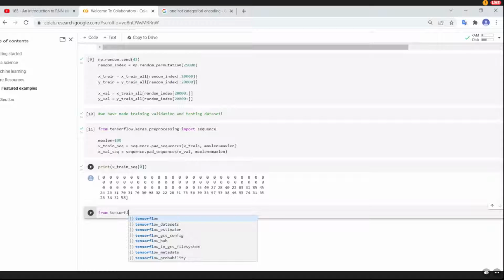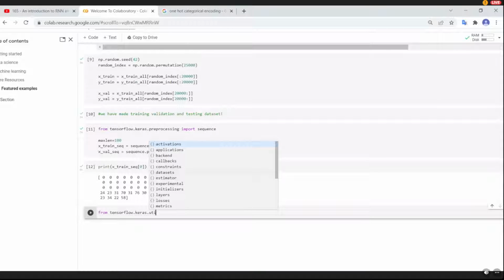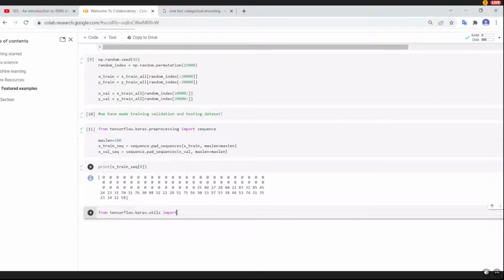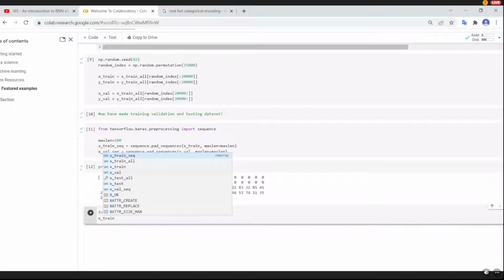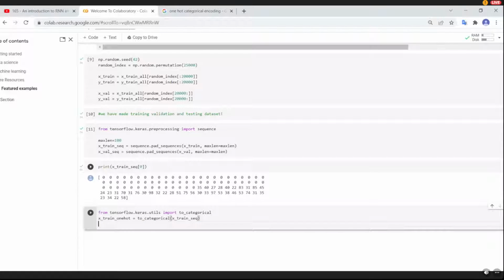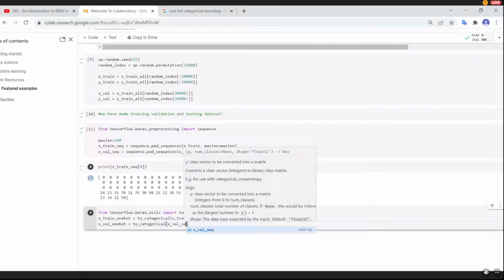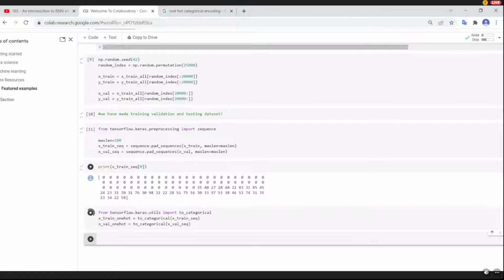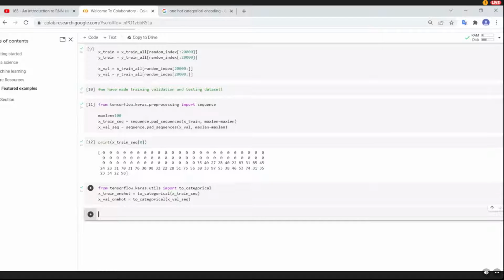From tensorflow.keras.utils import to_categorical. x_train_onehot = to_categorical(x_train_seq), x_val_onehot = to_categorical(x_val_seq). Yeah, so we just did a one hot categorical encoding.